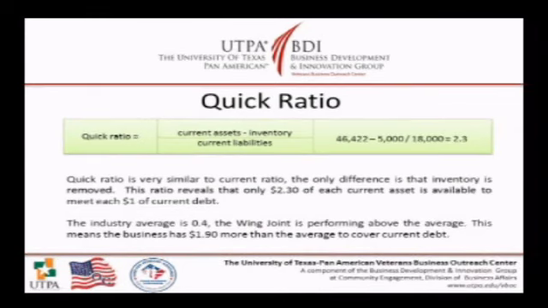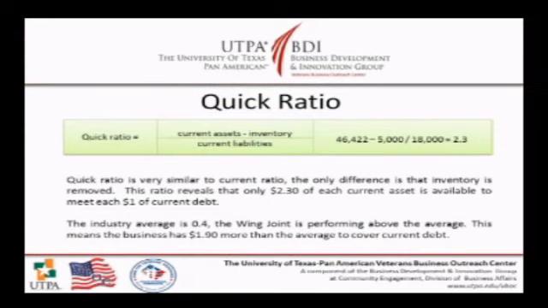The quick ratio is basically just like the current ratio, except that you're going to take inventory out of your current assets. Inventory is one of your current assets. So your quick ratio is your current assets minus your inventory divided by your current liabilities.